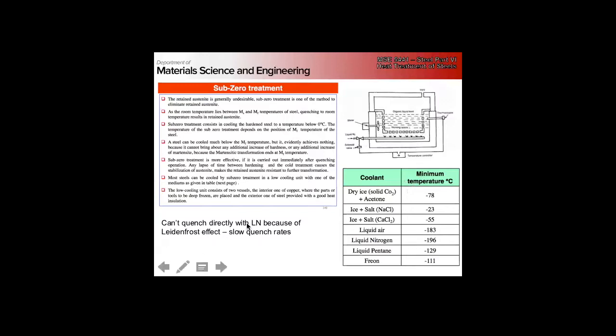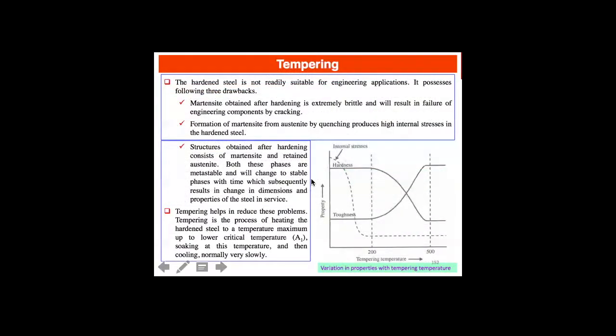If you quench hot or warm steel directly with liquid nitrogen, you get the Leidenfrost effect. You get a layer of vapor, and you don't cool fast enough. It's not efficient. You get slow quench rates, and you waste a lot of liquid nitrogen. Okay, so now we're fully hard.